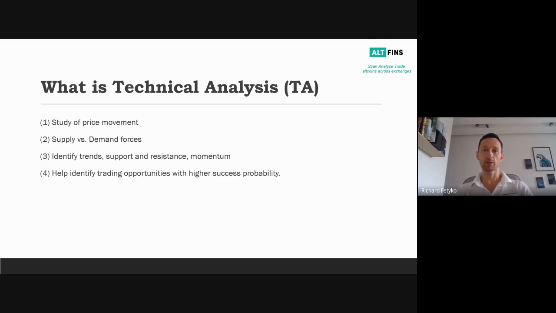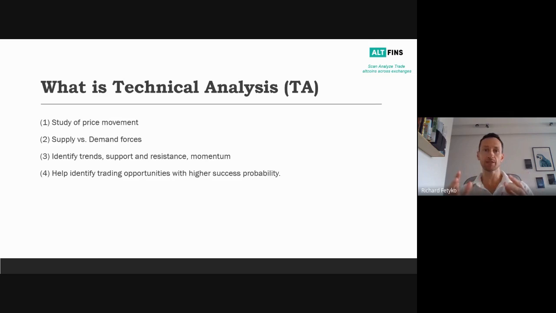And there are various techniques and indicators that help us gauge that balance or imbalance between the sellers and buyers, or supply and demand forces. So that's what technical analysis helps us to do, is really measure that balance or imbalance between those forces.